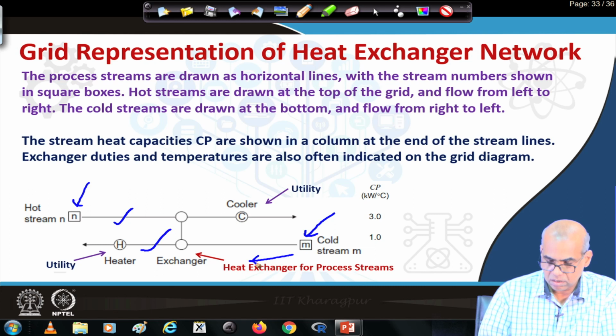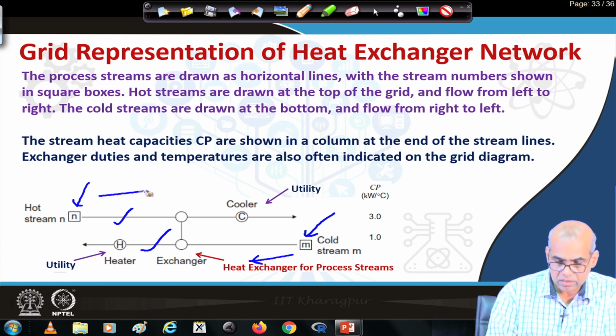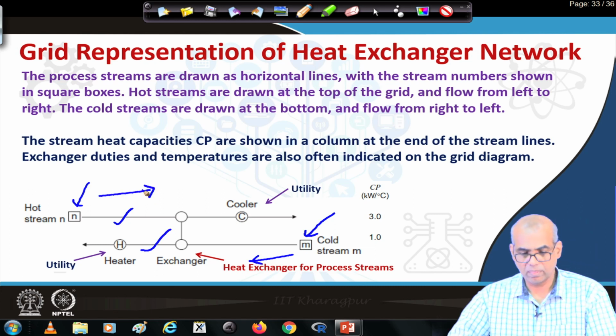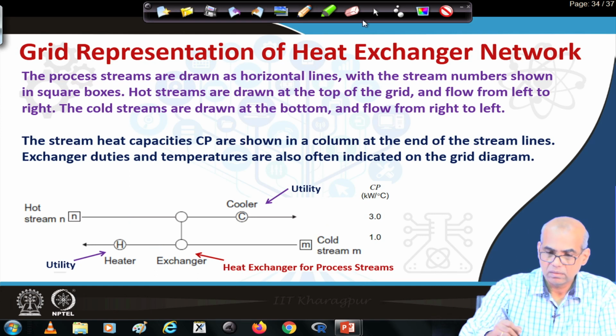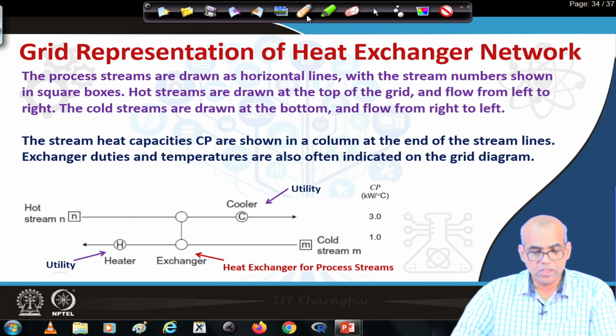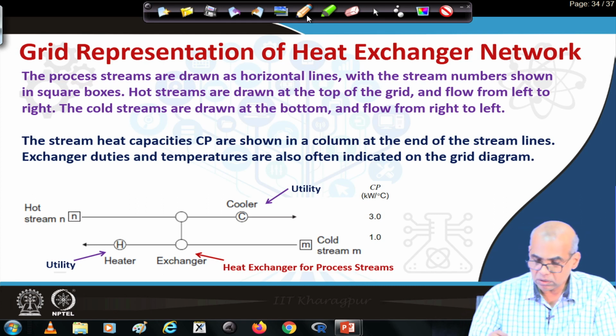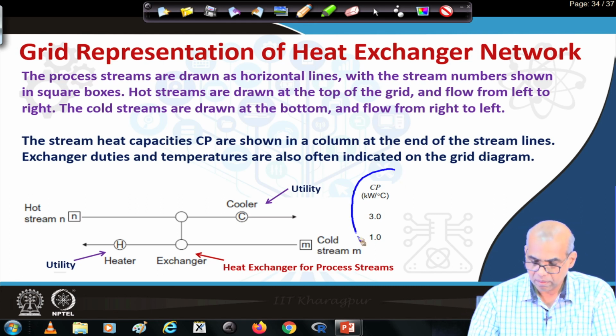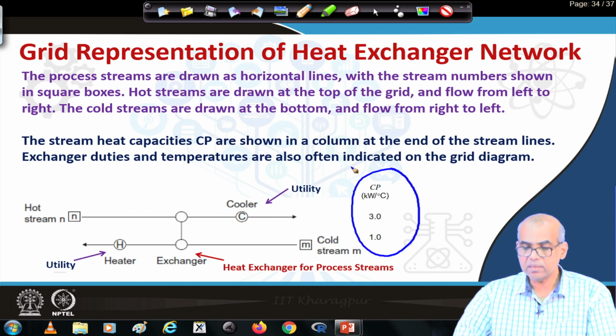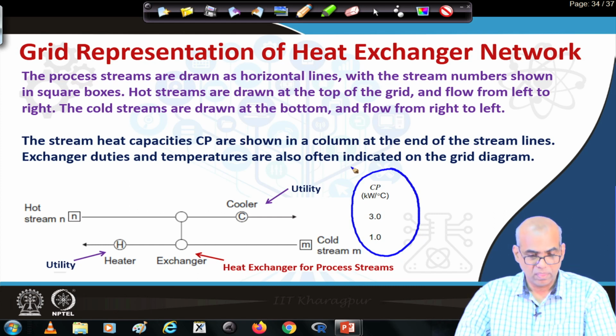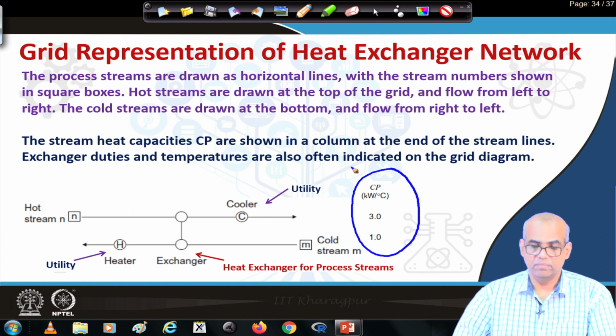So, this is cold stream and this is hot stream. The stream heat capacities, that means Cp values, are also shown in a column at the end of the stream lines. Exchanger duties and the temperatures are also often indicated on the grid diagram.